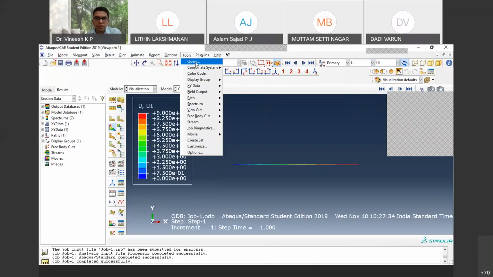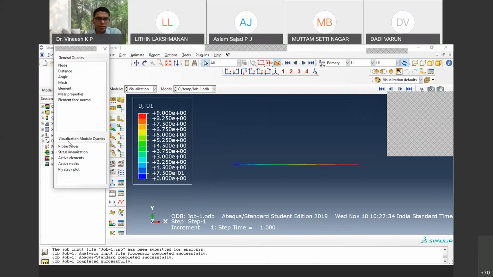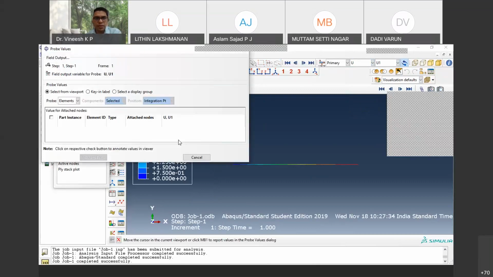If I am looking at node 4, you can see I am getting 8.9999. Node 3, I am going to get 7.6666.